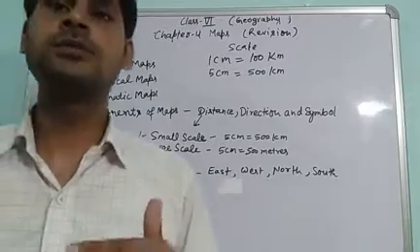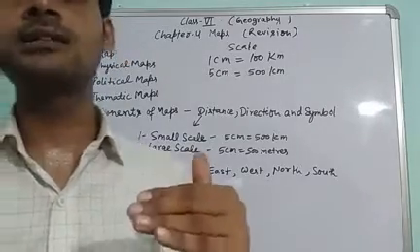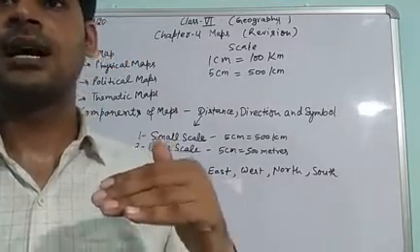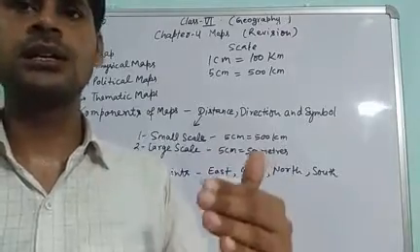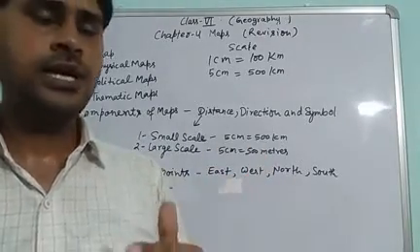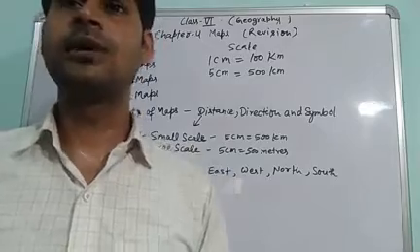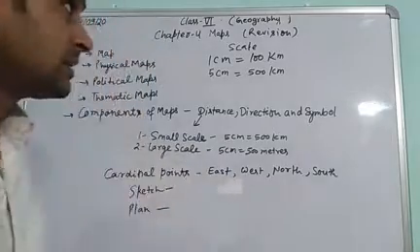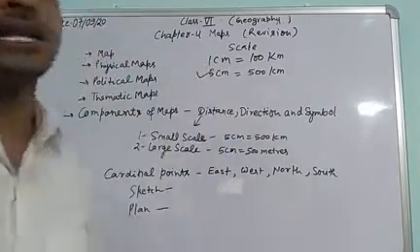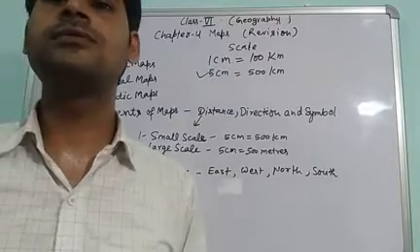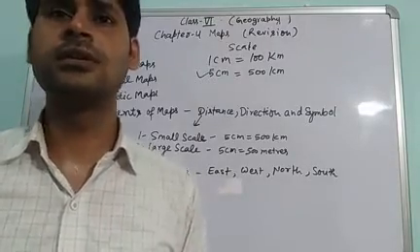When large areas like continents or countries are shown on paper, we use a small scale. An example of a small scale is 5 centimeters equals 500 kilometers.